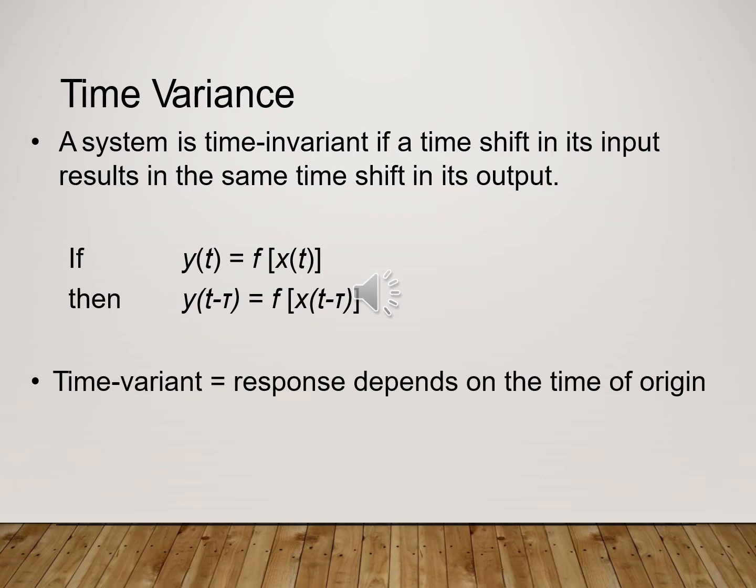Now, Laplace and Fourier transform techniques are not strictly valid for time varying systems, but for linear time invariant systems, as we studied previously, we can apply them and they are valid.